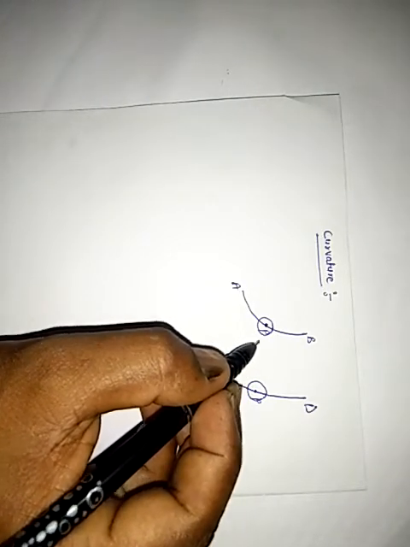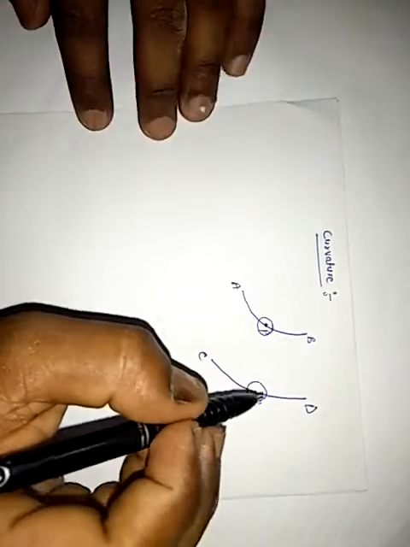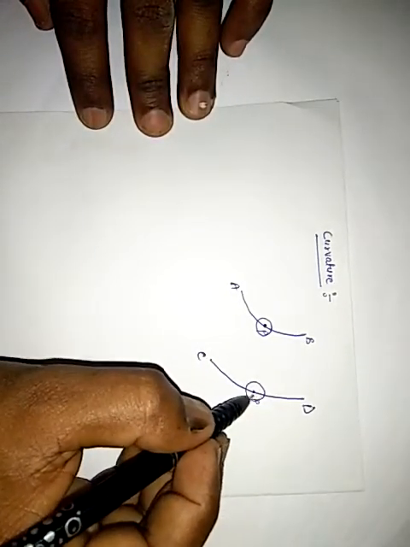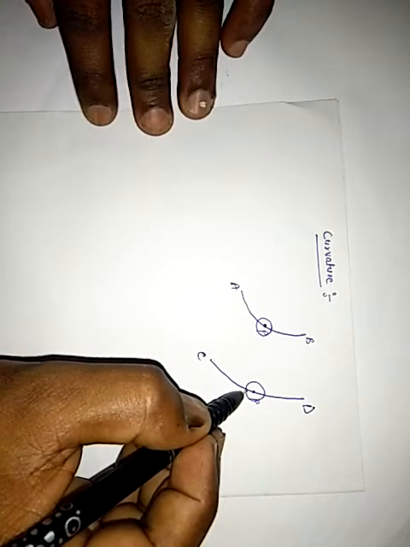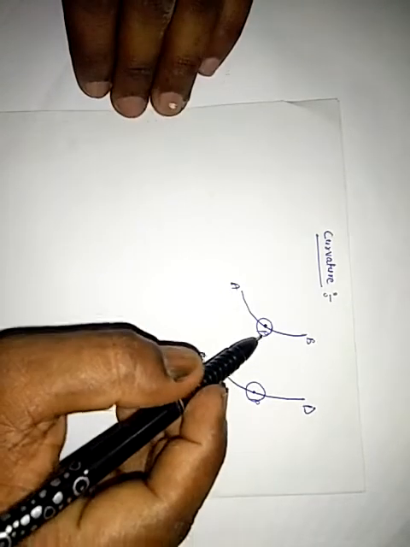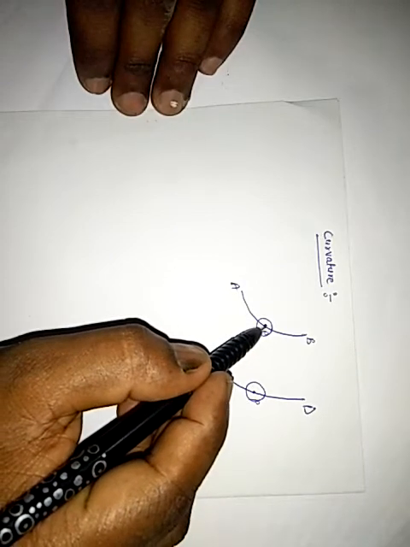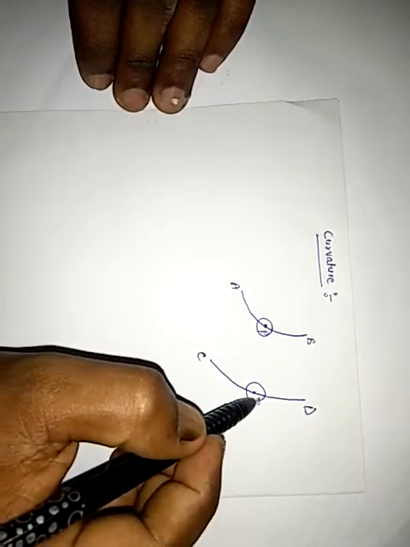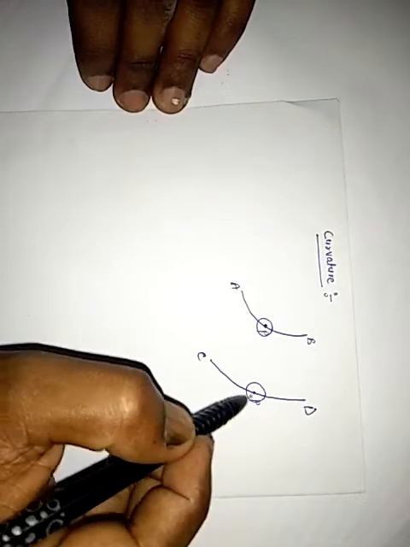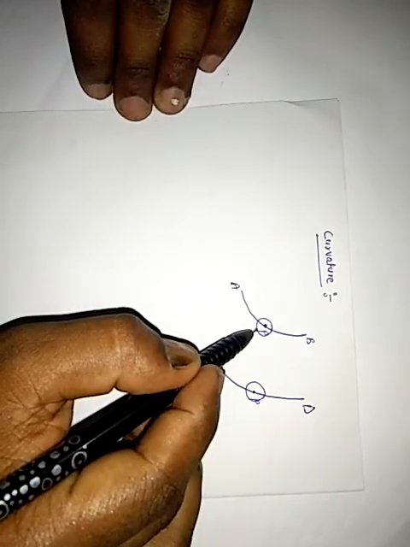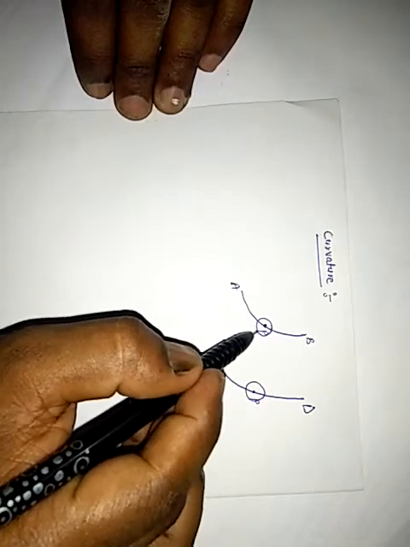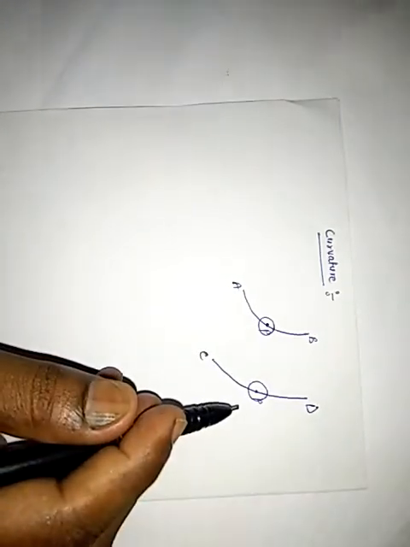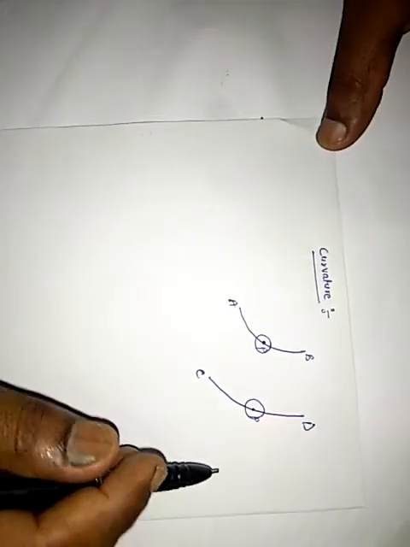Lesser radius means more curvature. And this curve at this point has a circle with greater radius compared to the circle of AB.